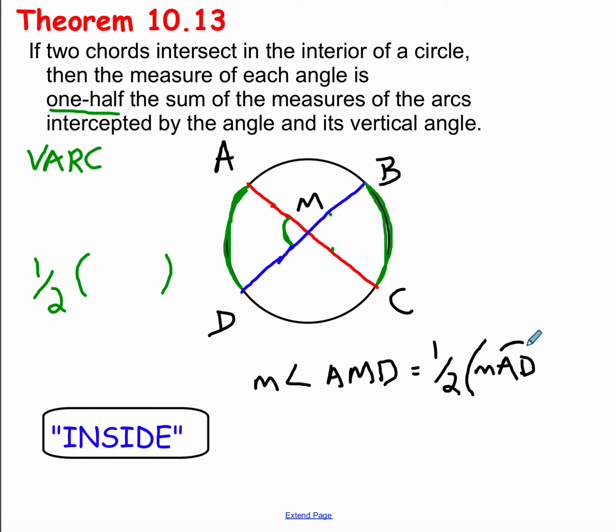Now we have to make sure that we know it's an arc, so we put this little curved line. And its vertical angle's intercepted arc, which we talked about a second ago, is arc BC.